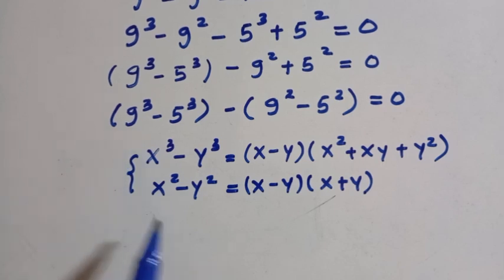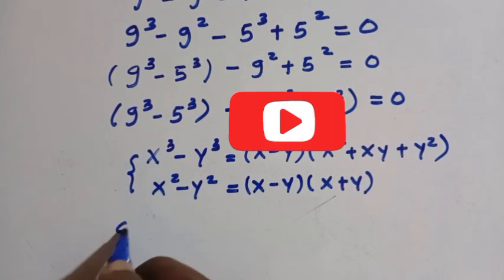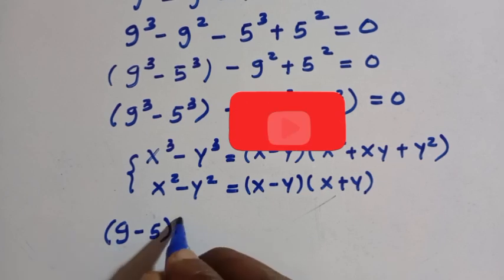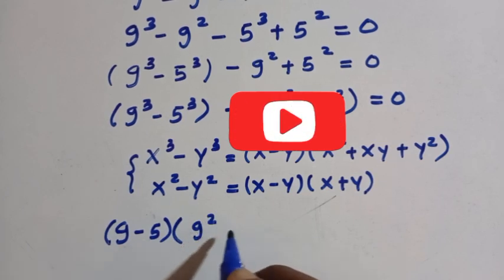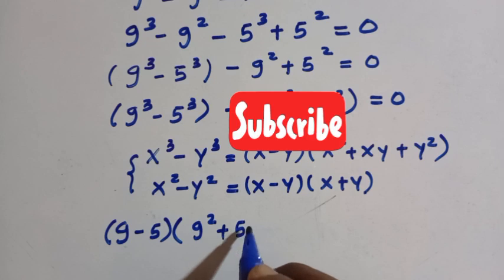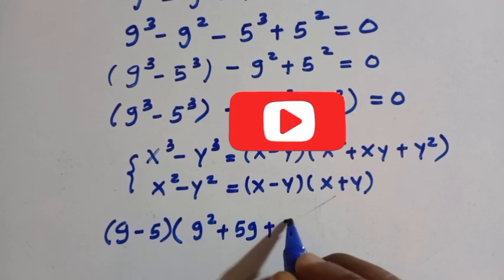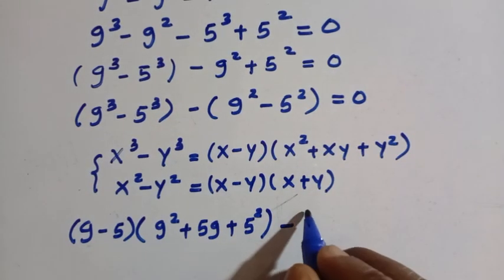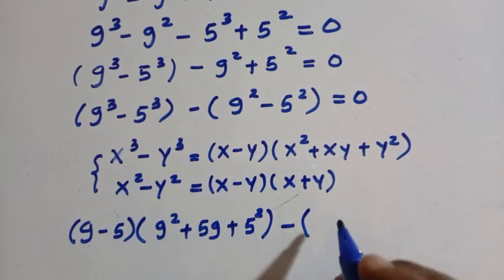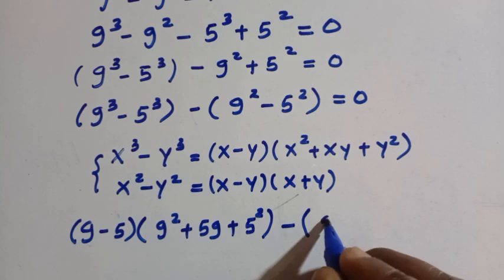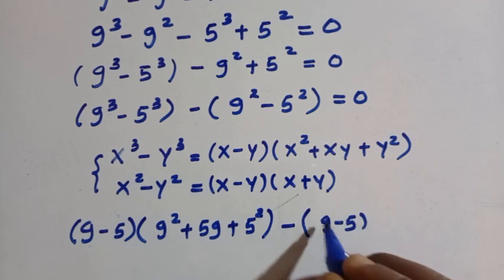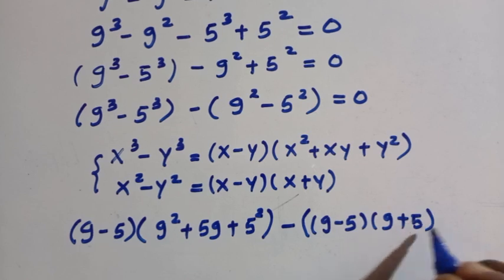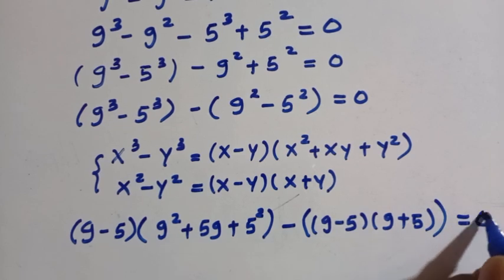Then at this line, we are going to rewrite this as g minus 5 in bracket, open bracket, g squared plus 5g plus 5 squared, and also minus open bracket, so g squared minus 5 squared, that becomes g minus 5 multiplied by g plus 5, and this equals 0.